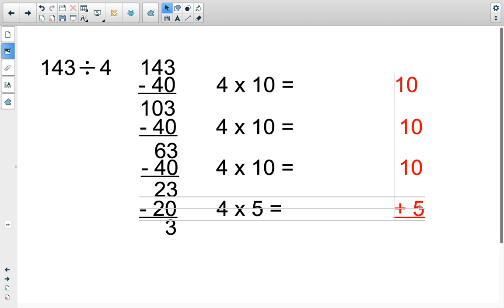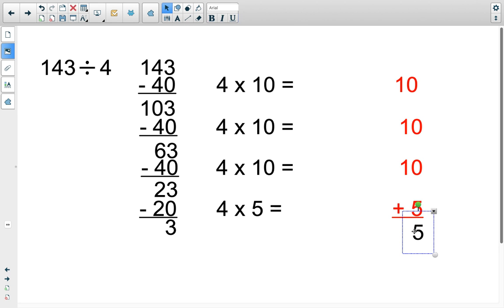Add these guys up. Plus 0 plus 0 plus 5 is 5. 1, 2, 3. So now I know that 143 divided by 4 is in fact 35 with 3 left over.